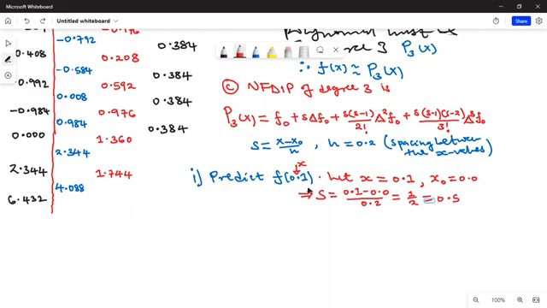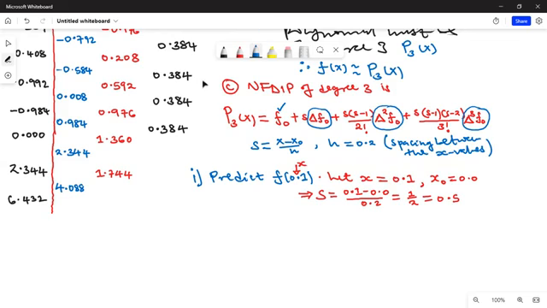When you substitute, you get 0.5. Now, we already know f naught. We know s. Can we get delta f naught from the table? This one, we can read from the table. Also, delta squared f naught, and delta cubed f naught, you can read from the table.